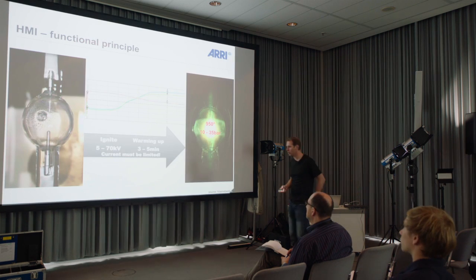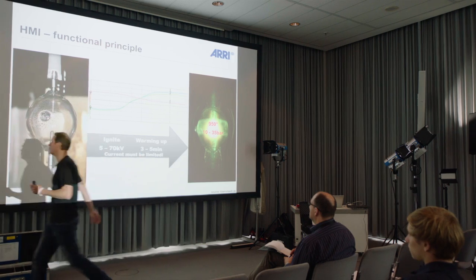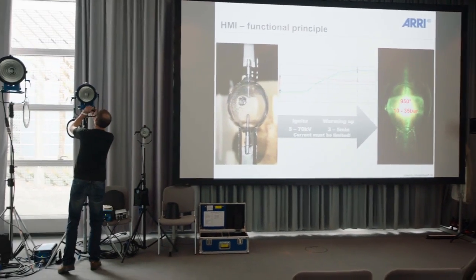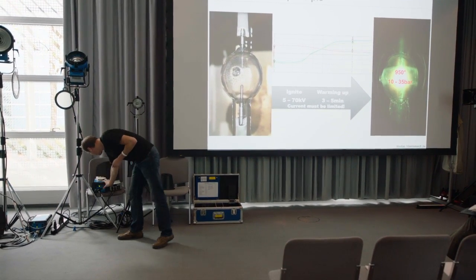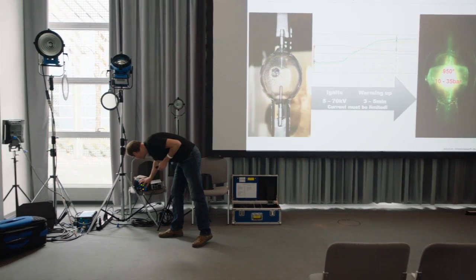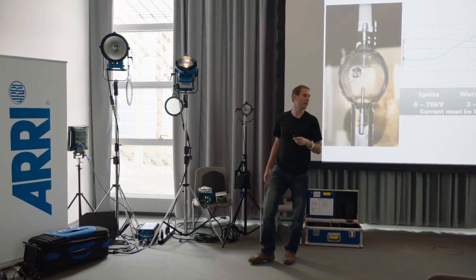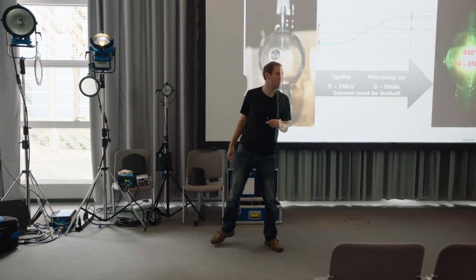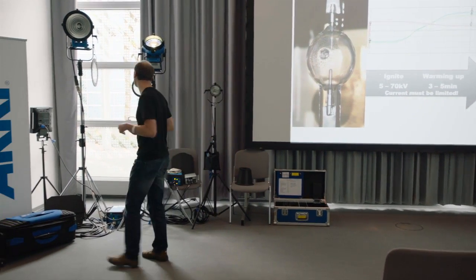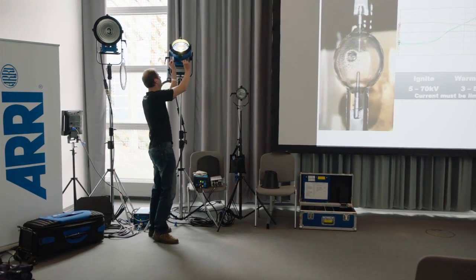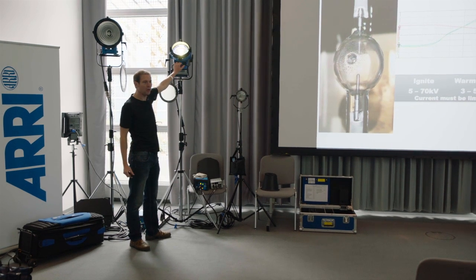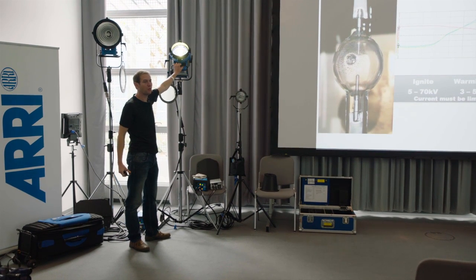HMI, how do they work? Just want to switch on one of the units. This is an 800 watt HMI unit, ARRI M8. It's our newest HMI fixture. It's quite a small unit, but very powerful.